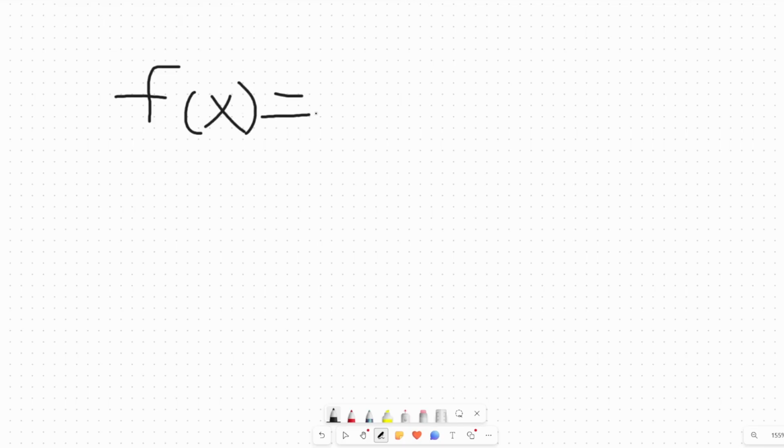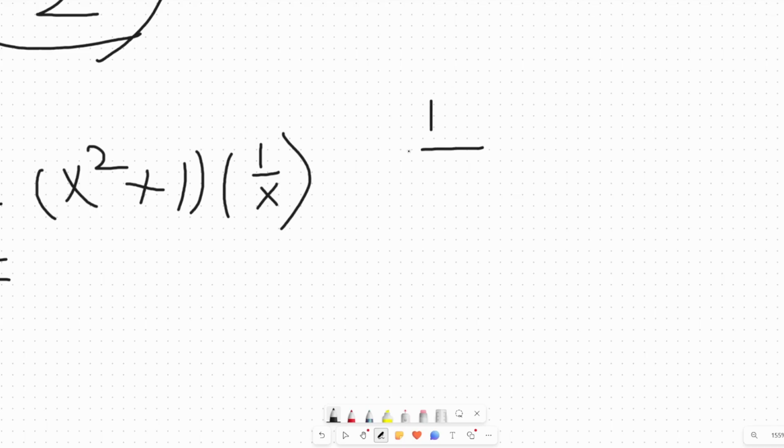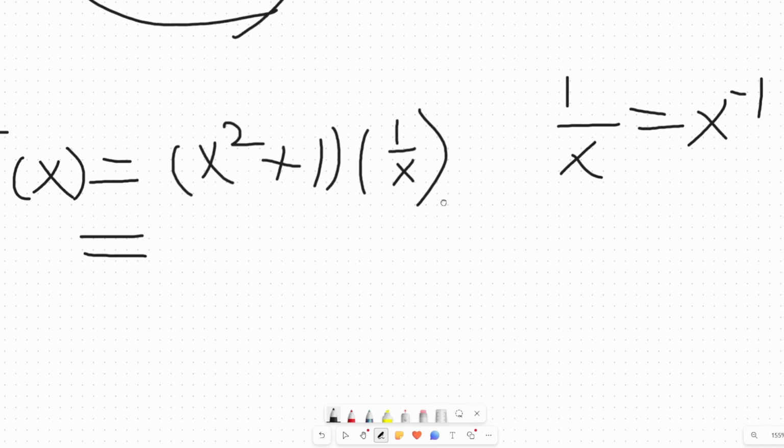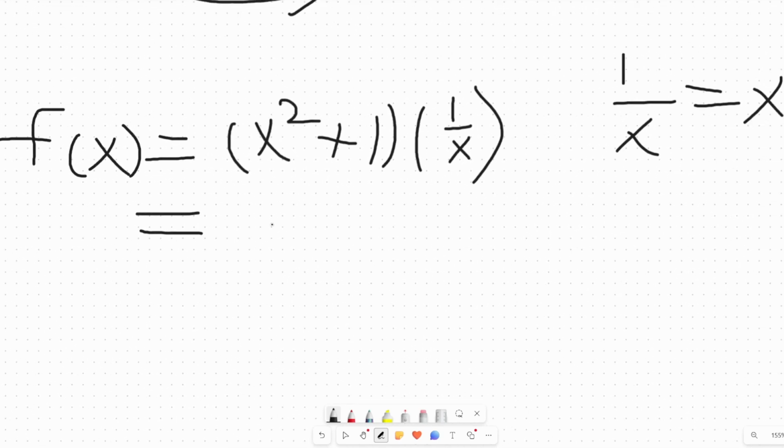F of x is equal to x squared plus 1 times 1 over x. All right, so 1 over x you can rewrite as x to the minus 1. So this is not that scary, 1 over x. Okay, so you take the prime of your first term, so we have g and h.